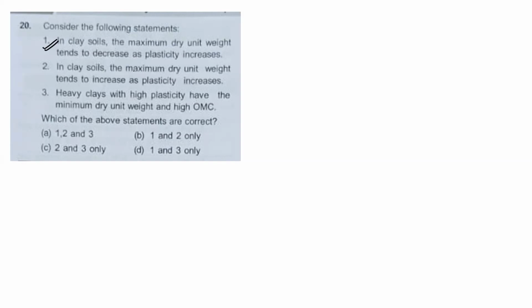No, this is a wrong statement. Maximum dry unit weight tends to decrease as plasticity increases. There must be decrease. Heavy clays with high plasticity have the minimum dry unit weight. Yes, this statement is correct.